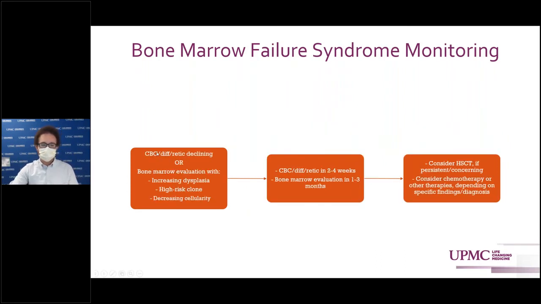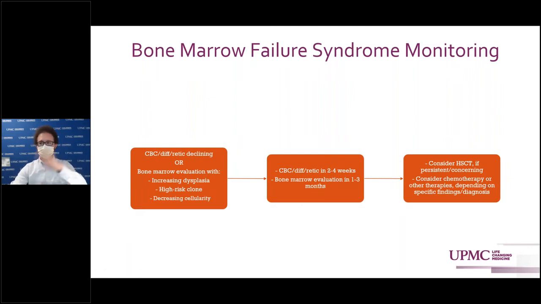If while you're monitoring, you start seeing these blood counts starting to go down, or you get a bone marrow that shows some increasing or concerning changes, then again, I just check these more frequently and consider the full trend. Whereas if you're seeing them continue to trend in the wrong direction, that's when you start considering either transplant or other treatments related to their specific condition.